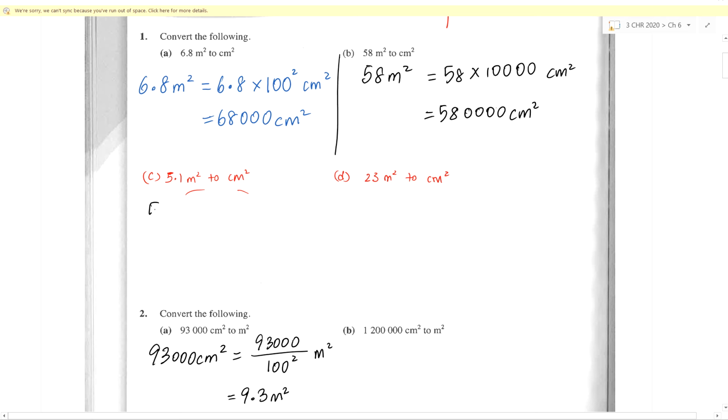Next, 5.1 square meters equals to 5.1 times 100 square. Put in the units. So if you are interested in doing this without your calculator, this is what you can do.